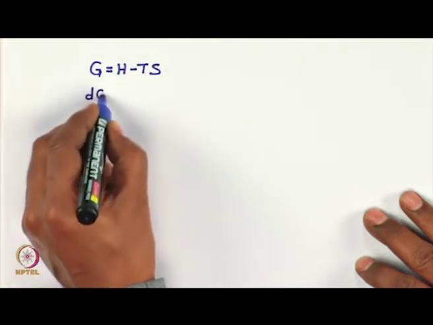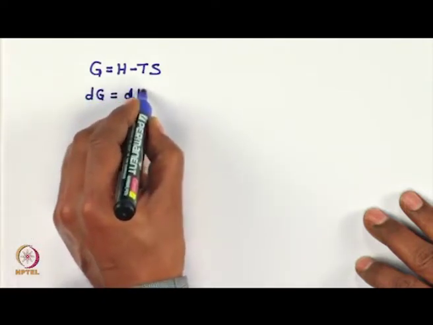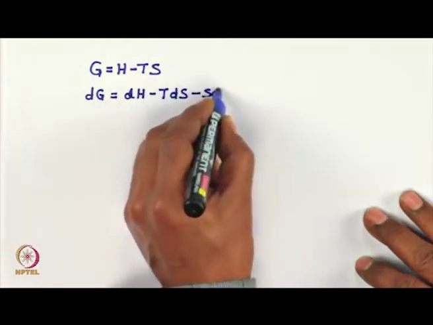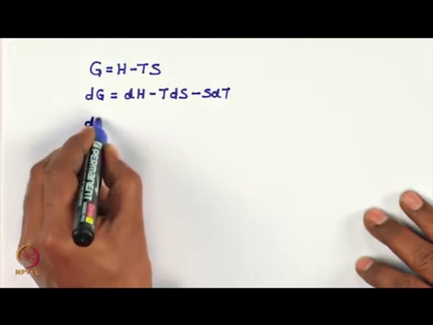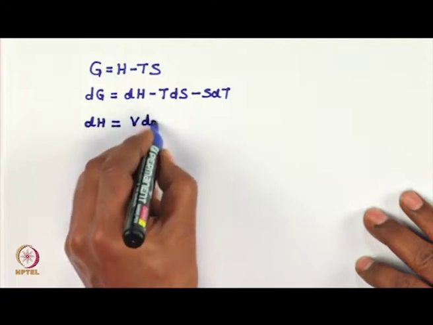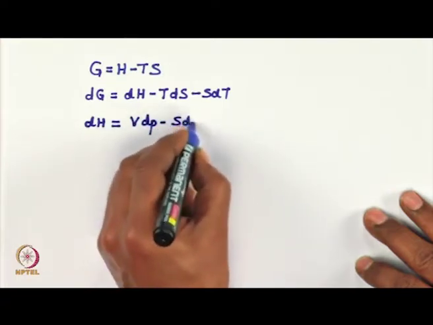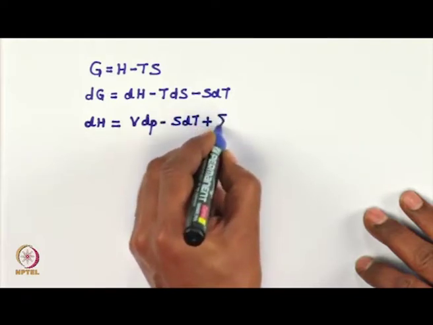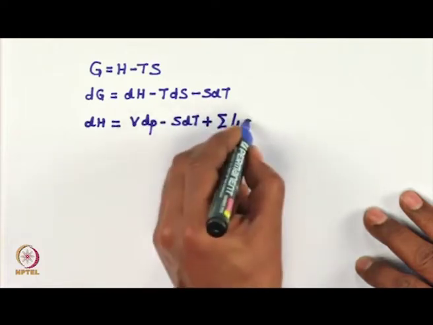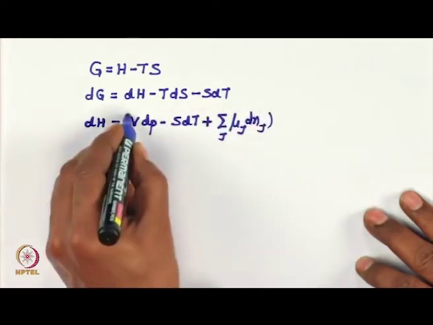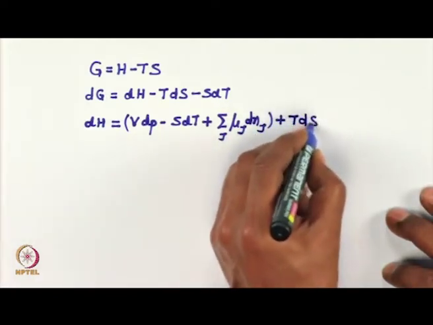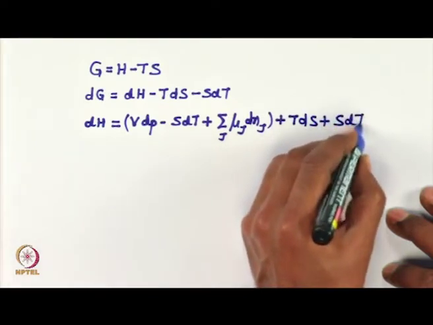So, dG is equal to dH minus TdS minus SdT, or dH is equal to dG, and for dG again I am going to use the same information, VdP minus SdT plus summation j mu j dnj, plus TdS plus SdT.